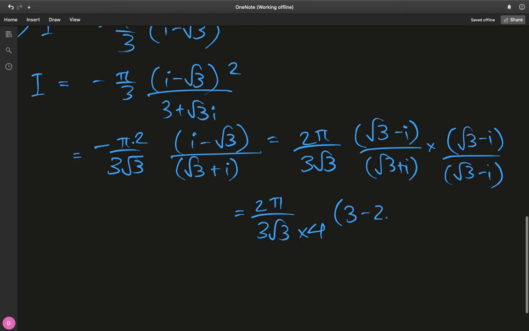is 3 minus 2 root 3 i minus i squared, which will be positive 1, so 3 plus 1 is 4.